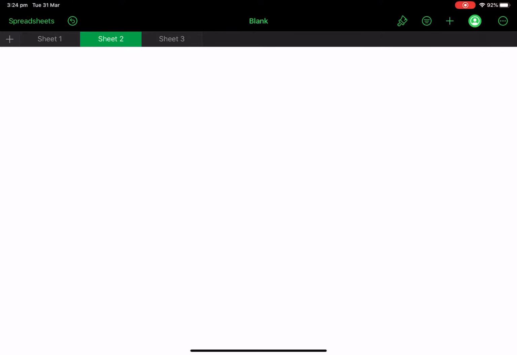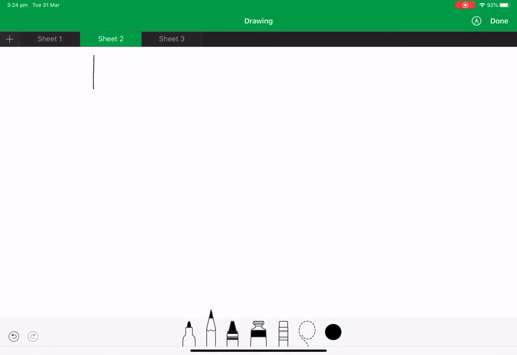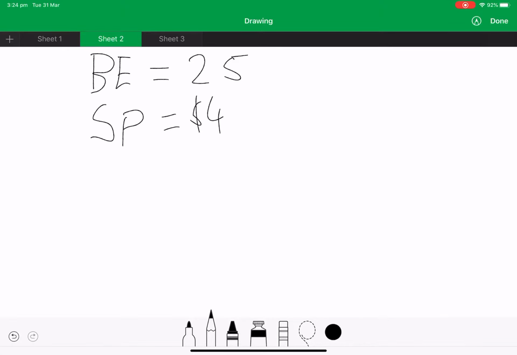So let's say I'm going to assume my break-even point is 25. It doesn't really matter what I'm selling at this point. Let's just say I need to make 25 of them to break even. My selling price, SP, is going to be $4. My cost price is going to be $1.